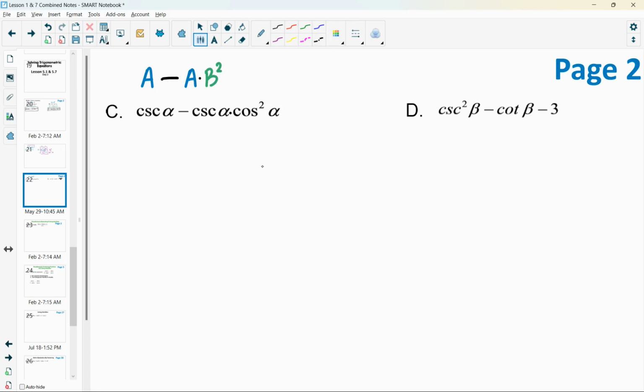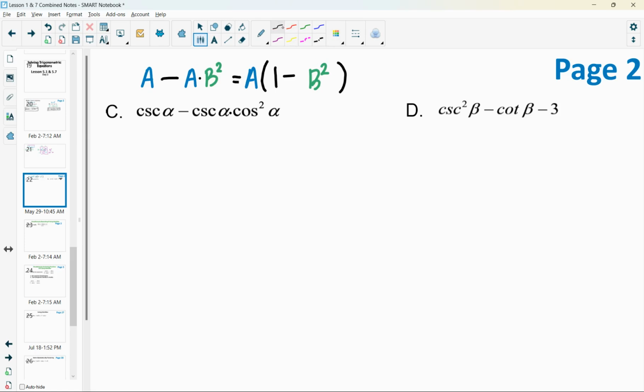And in that case, hopefully you see that they both have an a in common. And so you can factor that a out. So when we divide the a out, a divided by a is 1. Negative a b squared, take out the a, is just negative b squared.